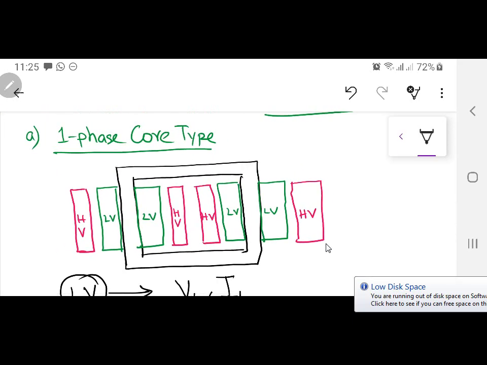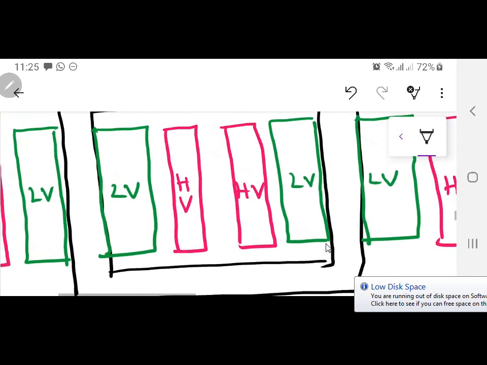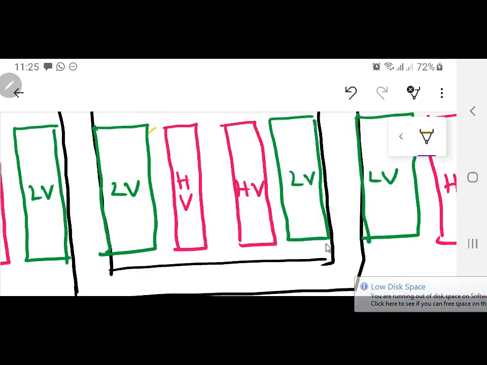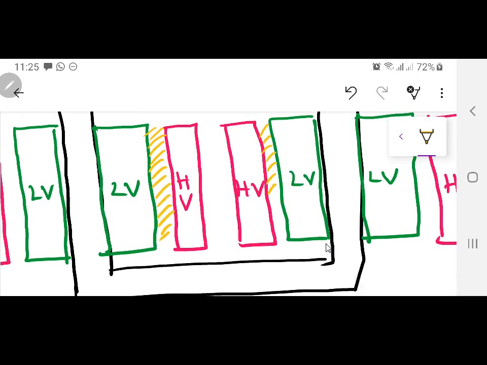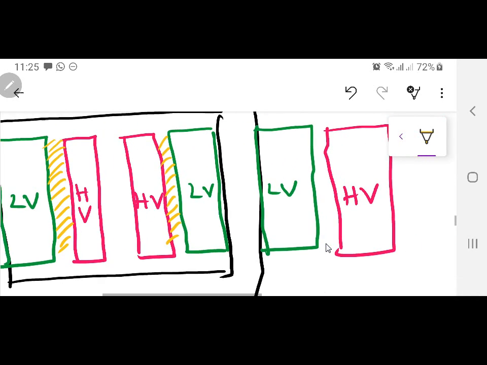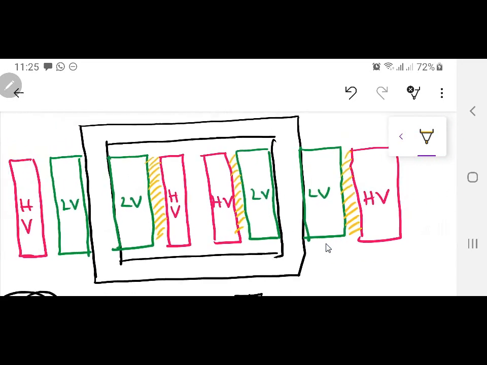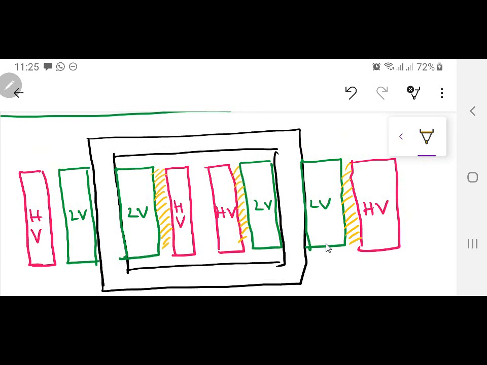Now what I mean by this: if I go back to my diagram of the single phase core type, you can see I have used a lot of spacing over here, this spacing, and certainly this spacing. Why is there this spacing? This spacing is used for the oil duct. This spacing is used for the insulation.